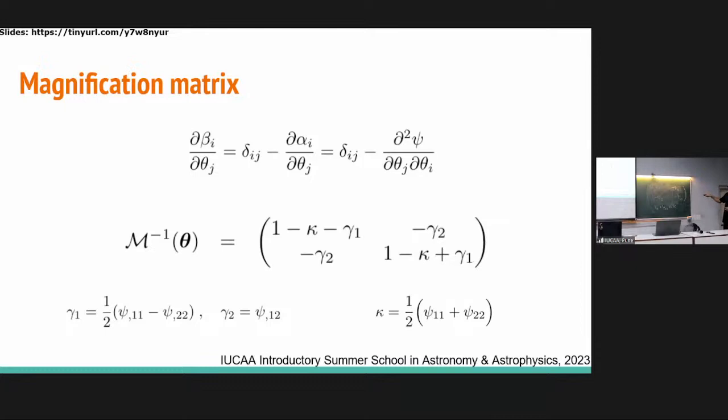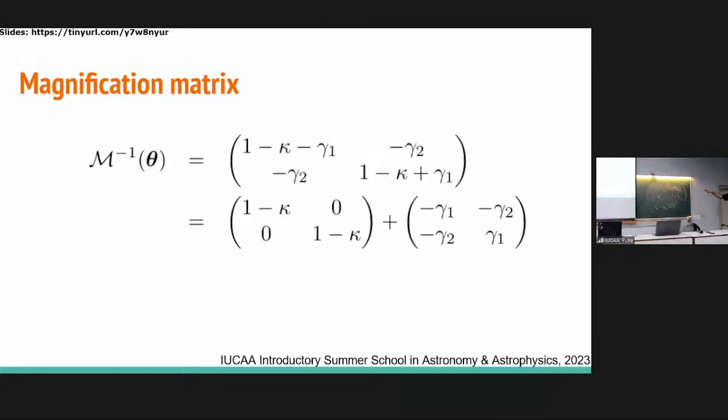You can show that if you do 1 minus kappa minus gamma_1, where kappa is like this and gamma_1 is like this, you get 1 minus psi_11. Similarly, for this, substituting from here and here, you will get 1 minus psi_22. So your inverse magnification matrix looks something like this.